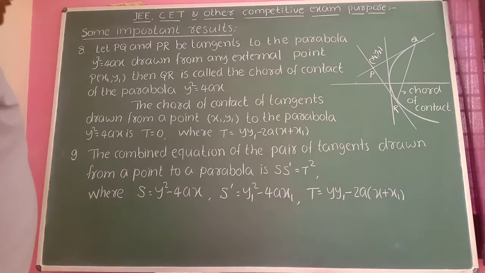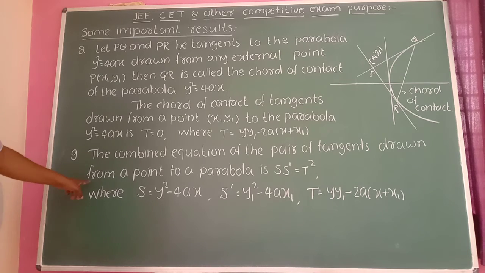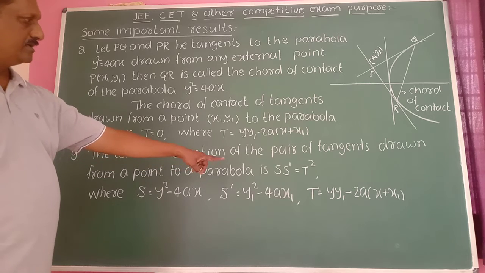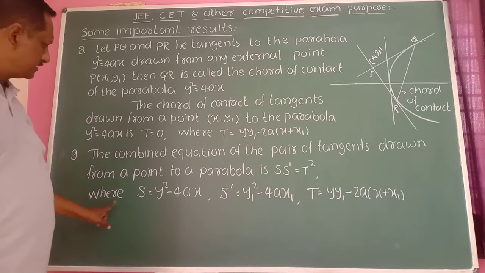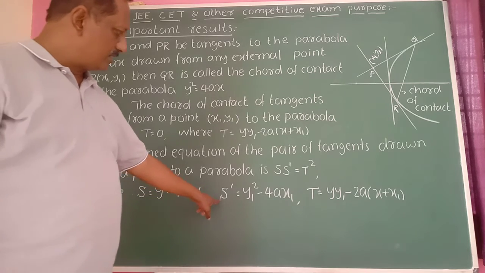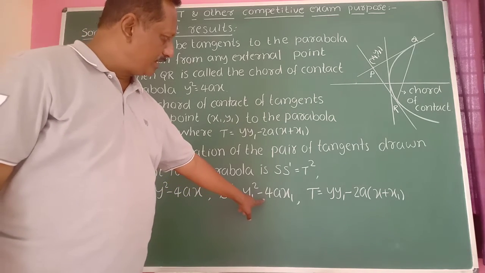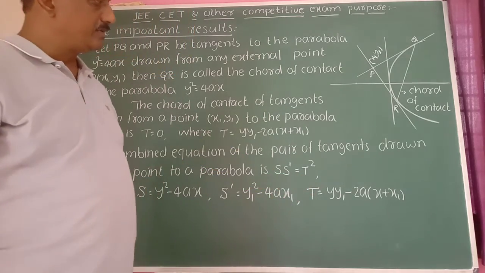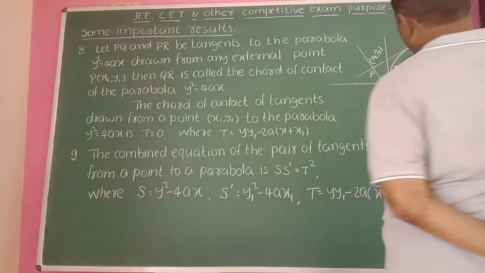The combined equation of the pair of tangents drawn from a point to a parabola is SS' = T², where S is y² - 4ax, S' is y1² - 4ax1, and T is y y1 - 2a(x + x1). So this is a point.